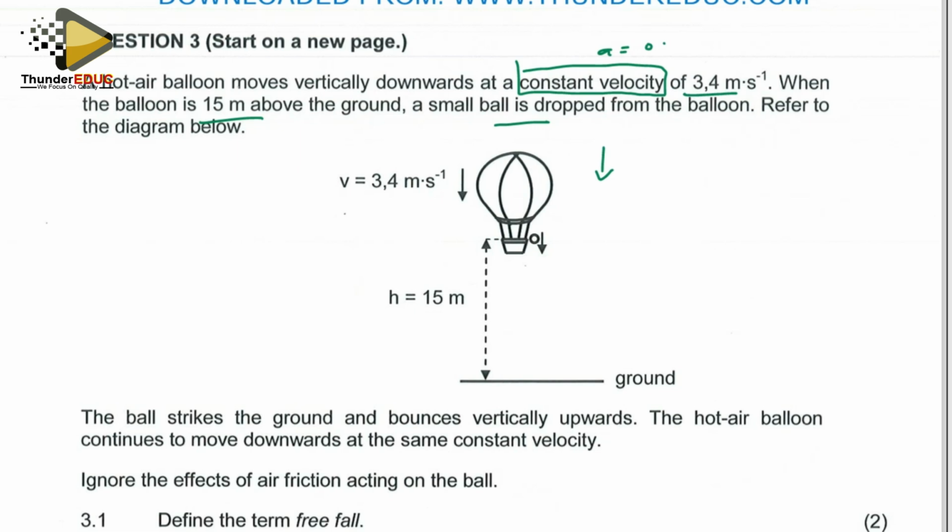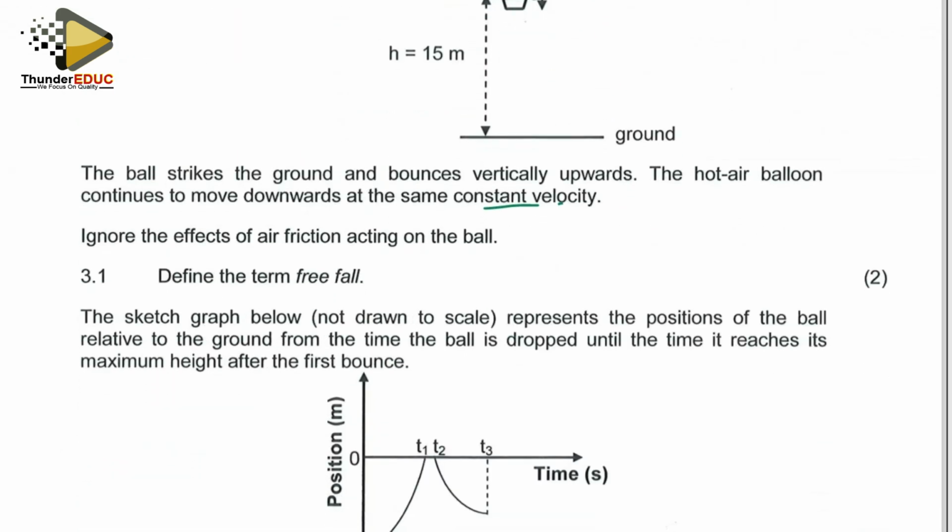We go on and say that the ball strikes the ground and bounces vertically upwards. The hot air balloon continues to move downwards at the same constant velocity. Ignore the effects of air friction, and then they want us to define what free fall is.